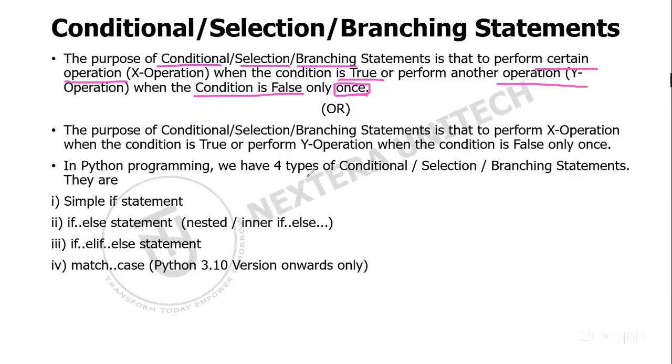And in Python, we have four types of conditional statements. They are simple if statement, if-else statement, if-elif-else statement, and finally match case statement. We'll understand one by one. The match case statement is a new conditional statement that was added from Python version 3.10.